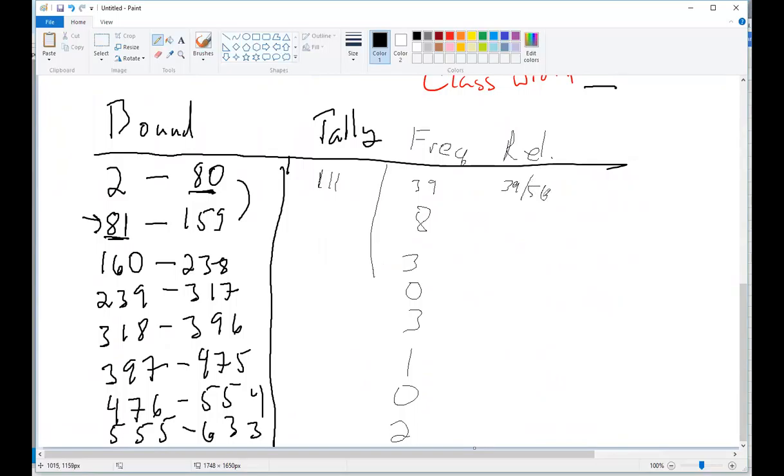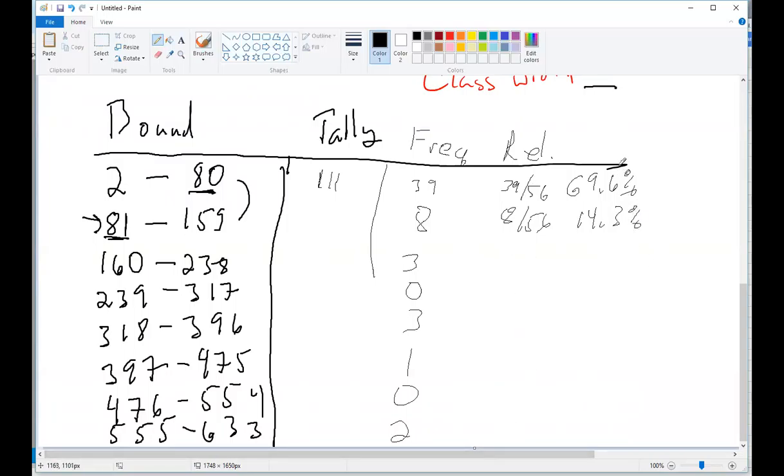And then if you want, you can write it as a percentage. So 39 divided by 56, I'm getting 69.6% if you want to use percentages. And then I'll do 8 divided by 56, which is 14.3 rounded, and so on and so forth. And you can go look at those answers if you want.